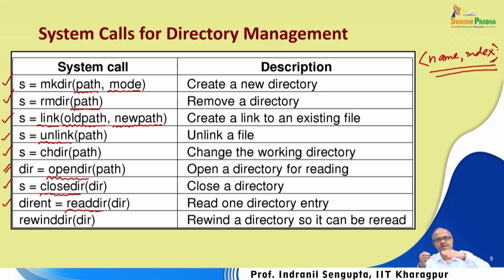And after you have read the directory, suppose you want to start reading from the beginning again, then you can call a function called rewinddir. So, it will be rewound to the beginning, and all these functions take dir as a parameter, where dir was returned by opendir, the directory identifier. Okay. Fine.